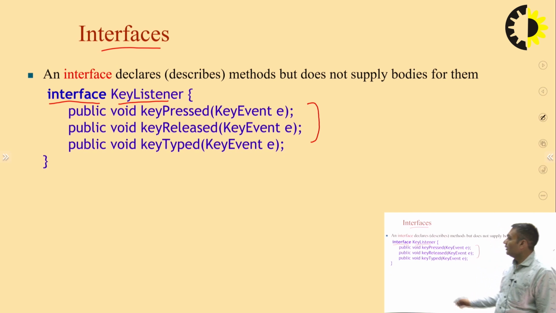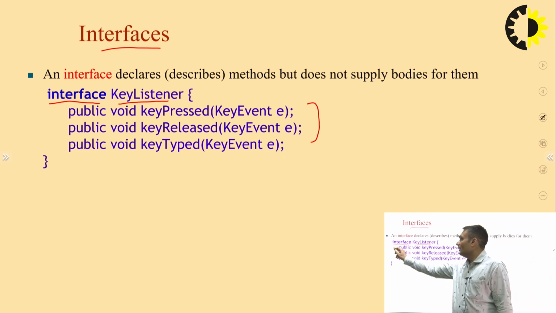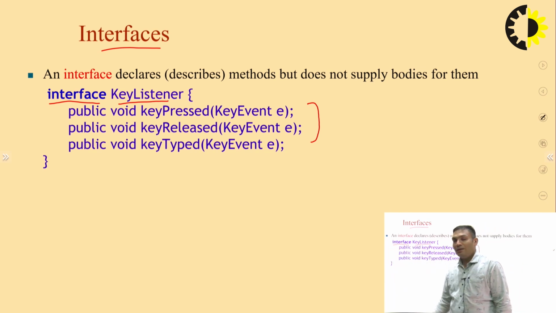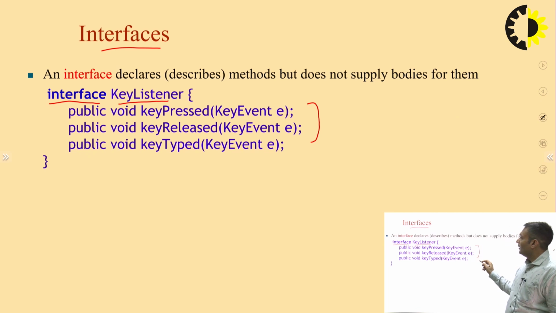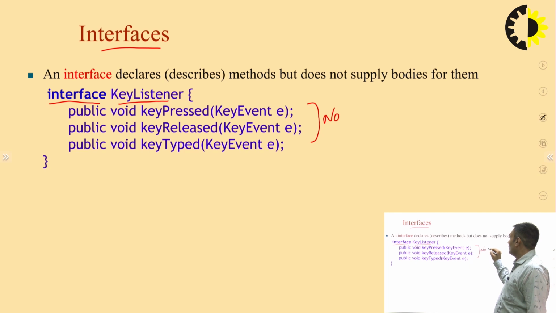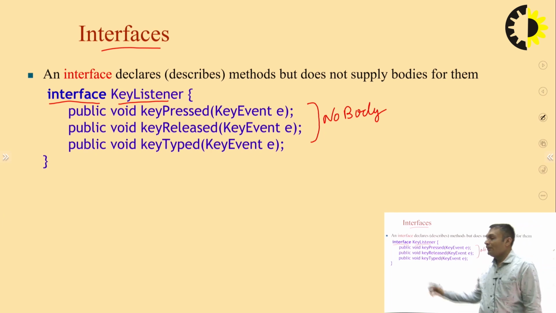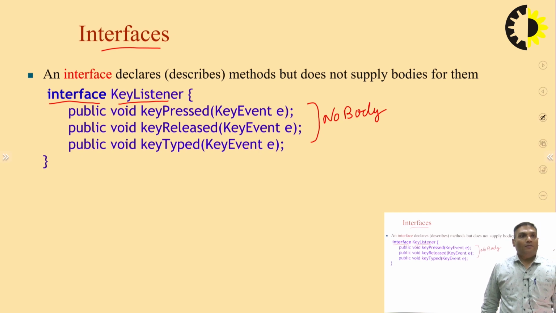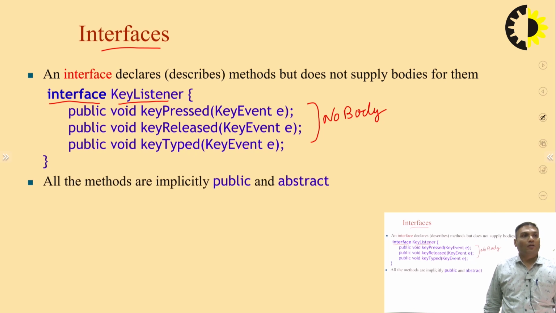There is no abstract keyword before the name of the method, but the pattern is very similar to an abstract method because there is no body associated with the methods. We are just declaring here, we are not defining the body of the methods. So all the methods are implicitly public and abstract.